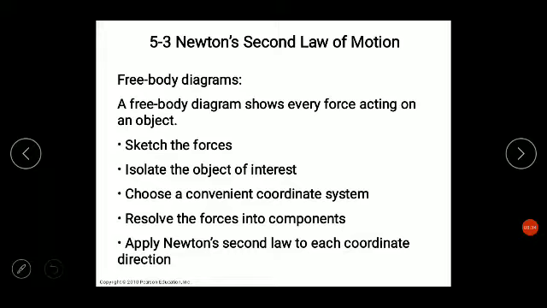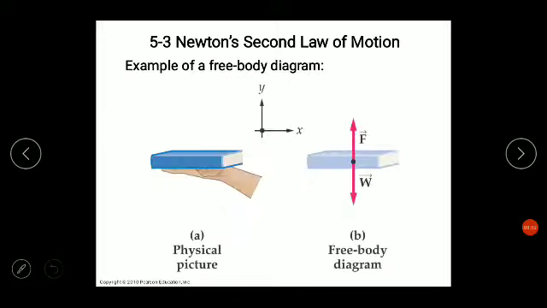In our case, we'll be using Cartesian coordinate system. And of course, since there are forces present on it, we have to apply the concept of trigonometry and of course algebra. Then apply the Newton's laws of motion, particularly the second law.